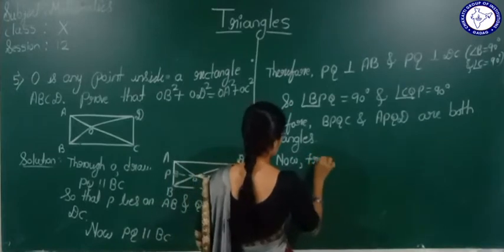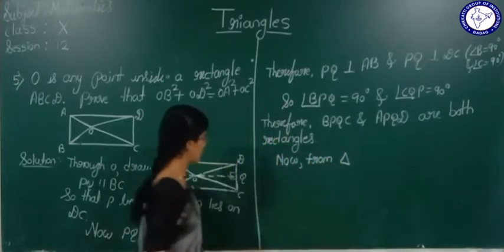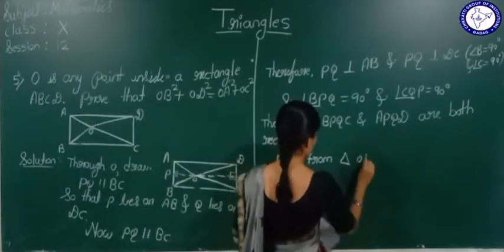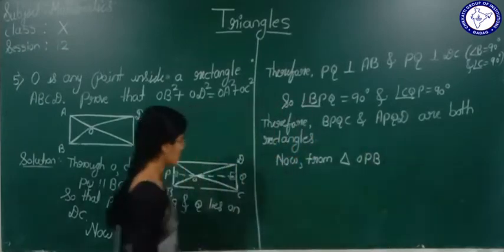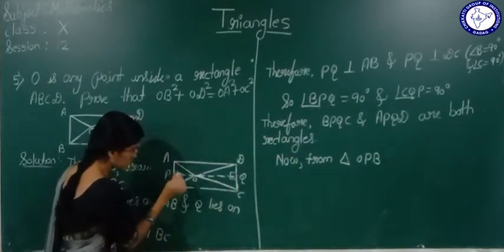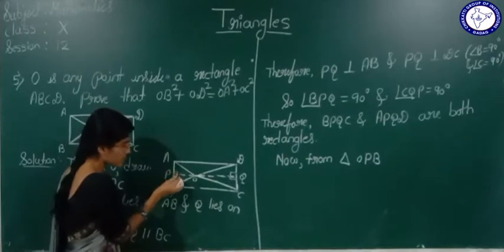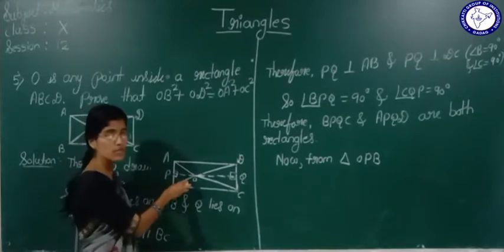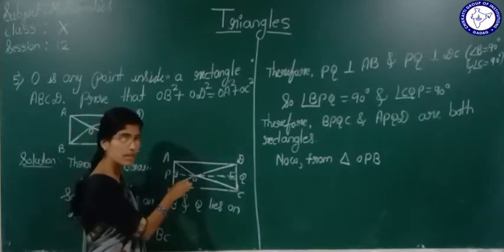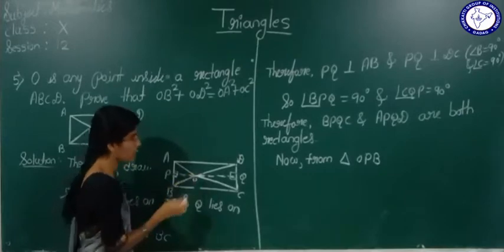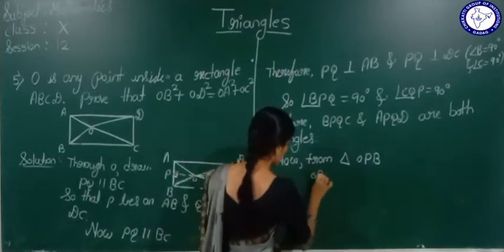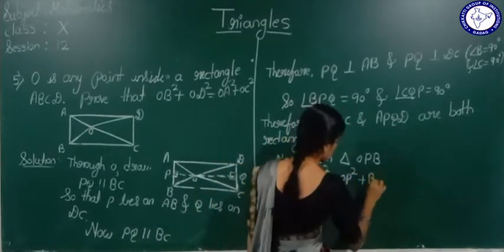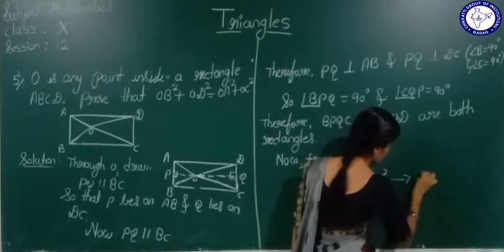From triangle OPB, the Pythagoras theorem tells us that the square of the hypotenuse is equal to the sum of the squares of the remaining sides. Here OB square is equal to OP square plus BP square. Call this equation 1.